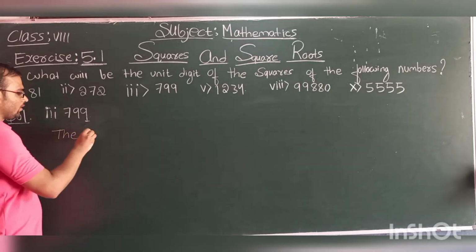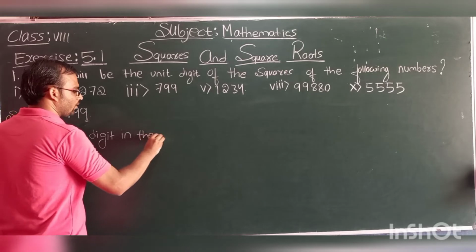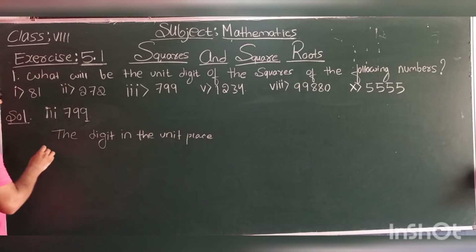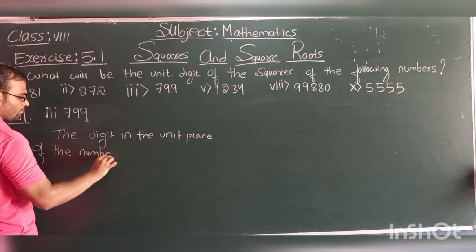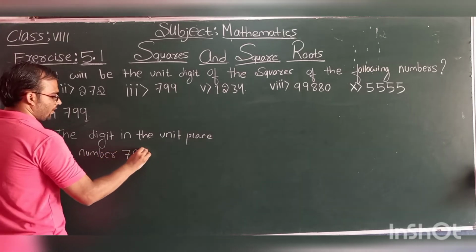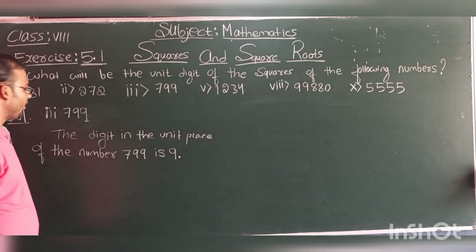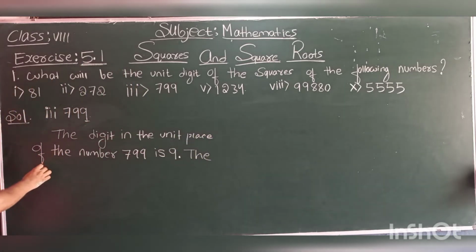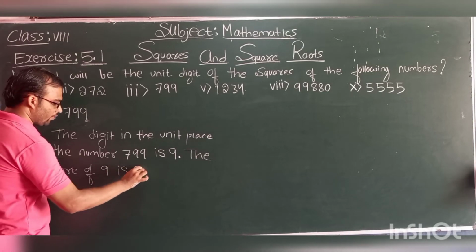The digit in the unit place of the number 799 is 9. The square of 9 is 81.